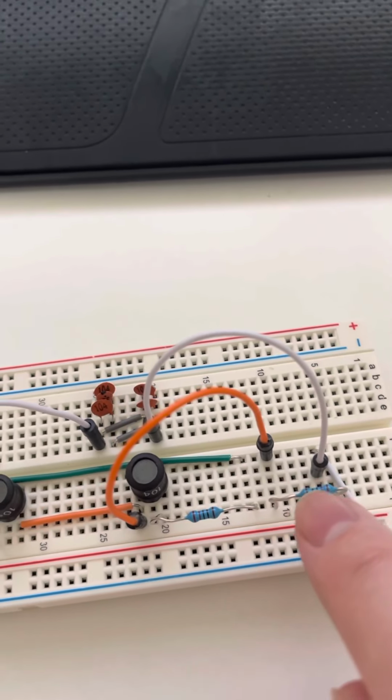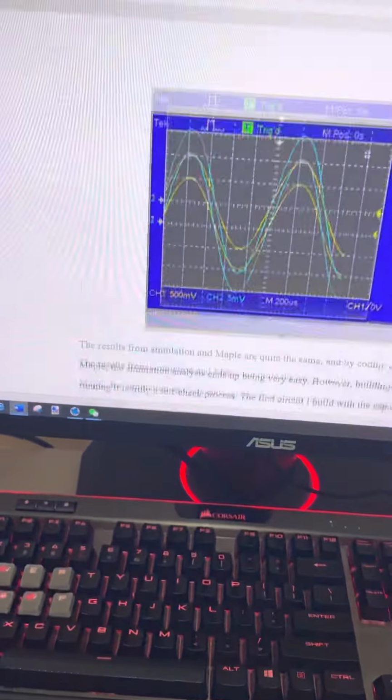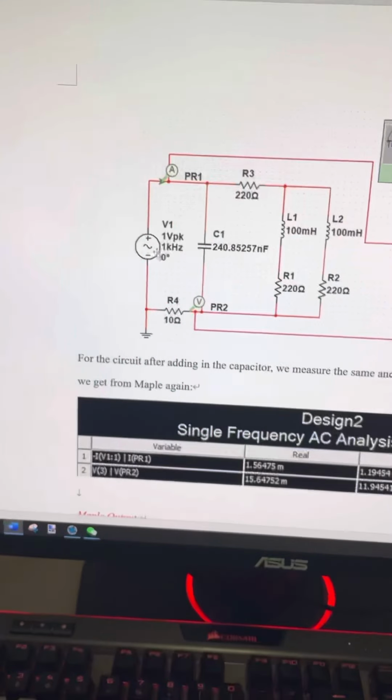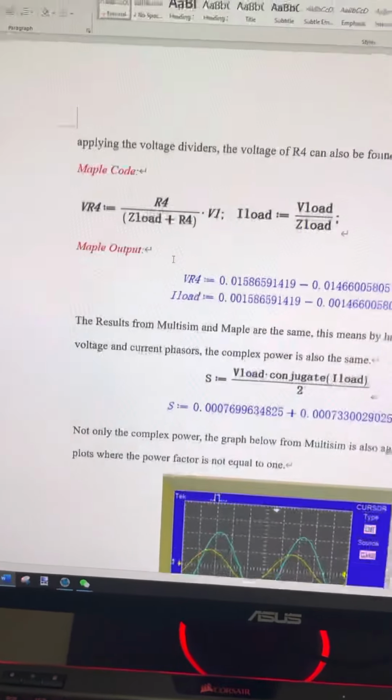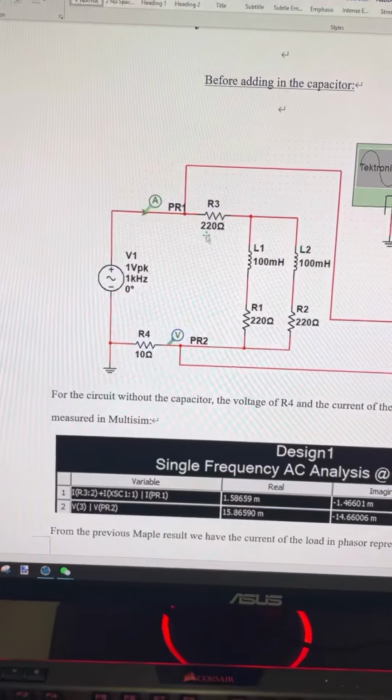This is R3. If you remember, R3 is here. You can see from the one without the capacitor it is somewhere here.